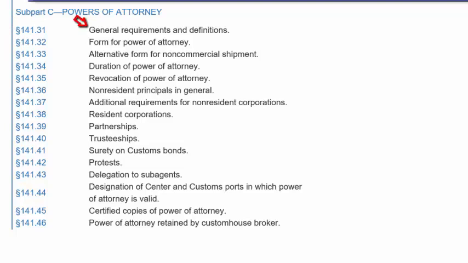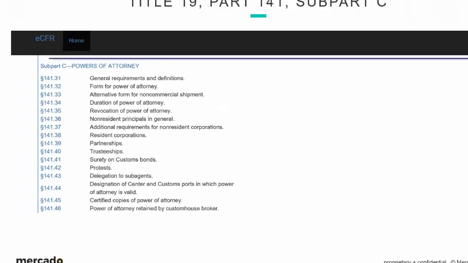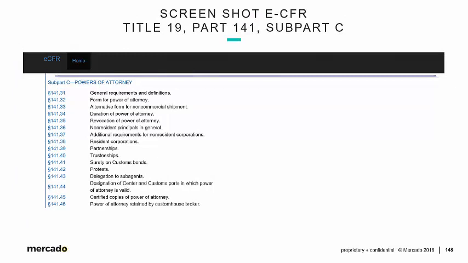We'll note general requirements and definitions, the form for power of attorney, which we studied before, but we'll have another look at again, duration of a power of attorney, the revocation of the POA, different POAs, and time limits on a partnership, for example, surety on customs bonds, protests, all very important subjects to us. We know how to find the details.